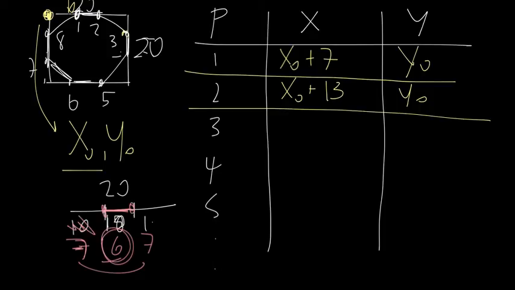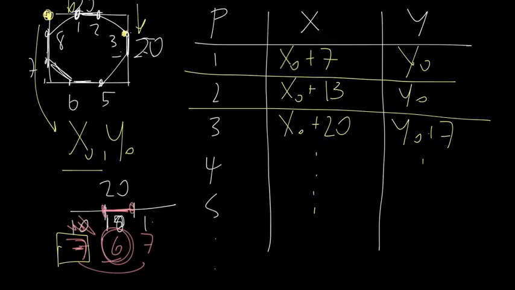Point 3 is over here. Its x value is the complete width plus x0, and the width is 20. And the distance coming down, using the same logic, is going to be y0 plus 7. So that's how you build up all your points. I'm not going to go through all of them.